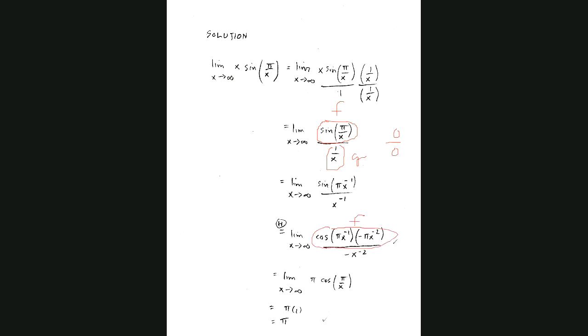The limit as x approaches infinity of f over g will be the same by L'Hopital's rule as the limit as x approaches infinity of f prime over g prime, the ratio of the derivatives. Tyreek, does that make sense? Okay, good, good. Are there any other good questions?